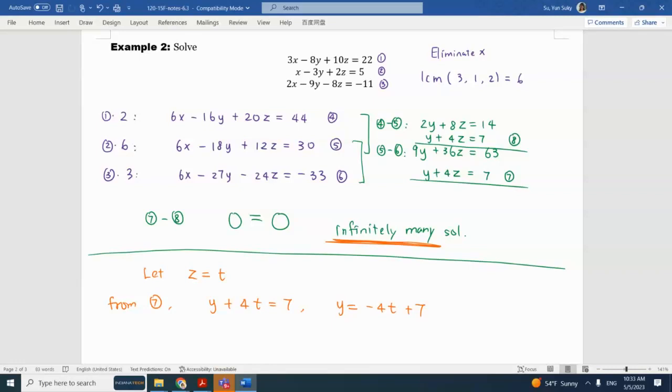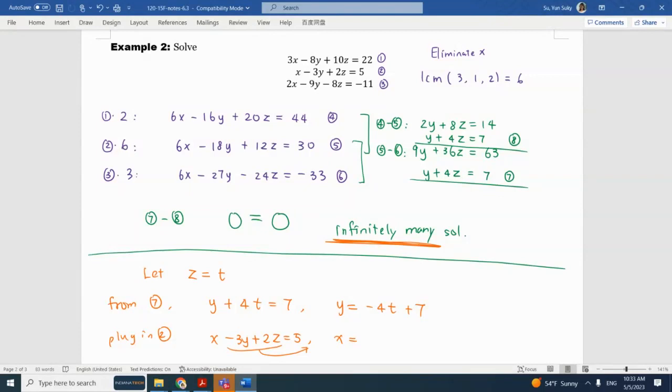Which one do you plug in? Which one is easier? The second one, right? So plug in the second one. We have x minus 3y plus 2z equals 5. We move the y and z to the other side. Do you know that when you move, the sign changes?